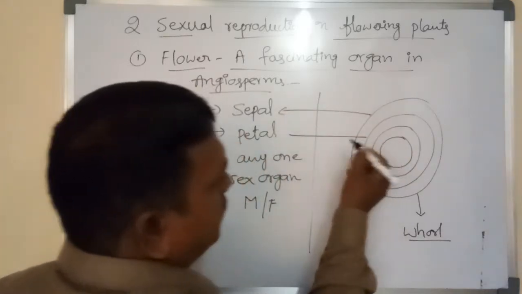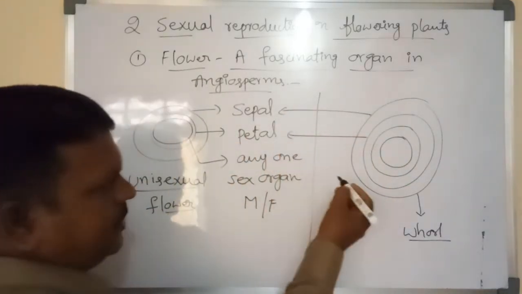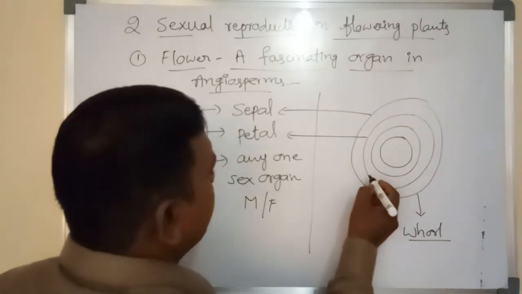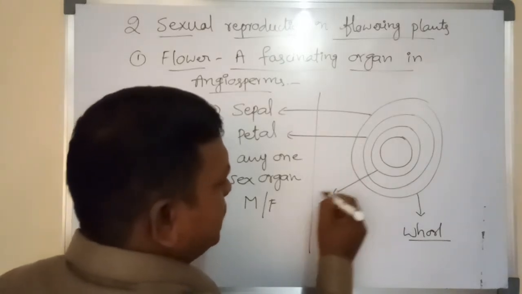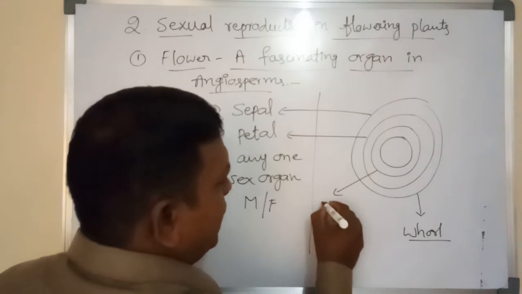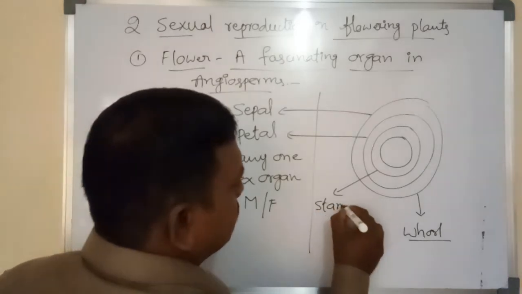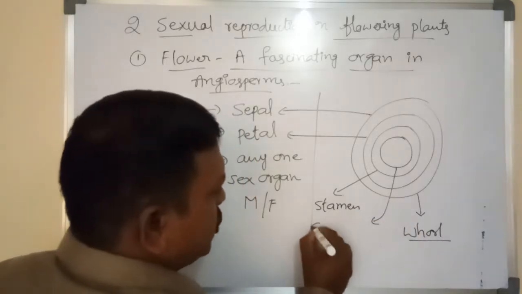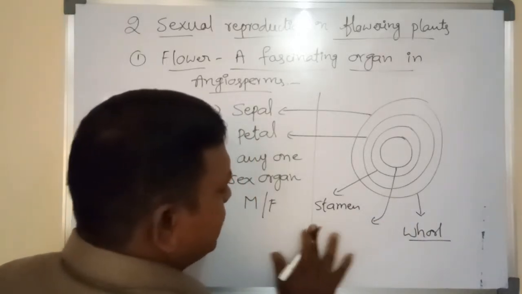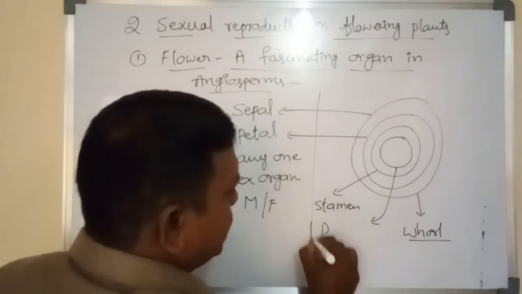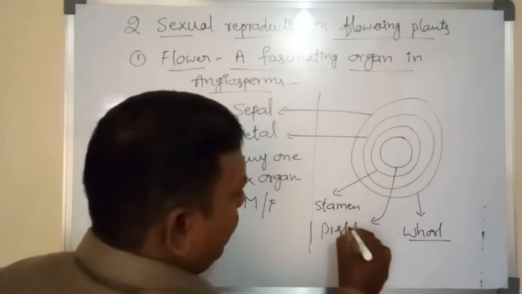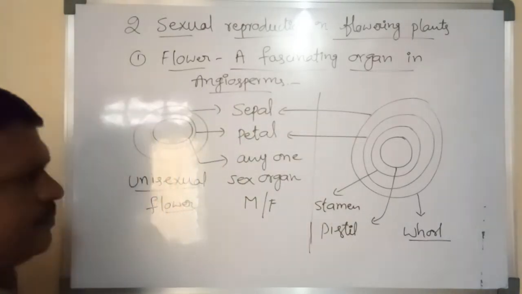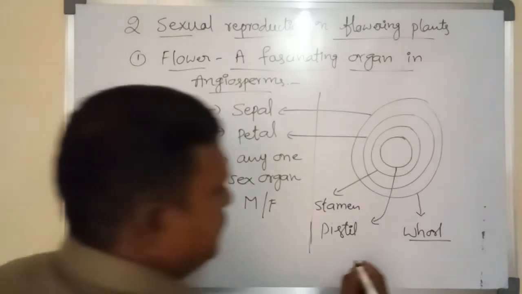The second whorl contains petals. The third whorl possesses stamens. The innermost whorl contains gynoecium, what you call the pistil, right? This is a bisexual flower.